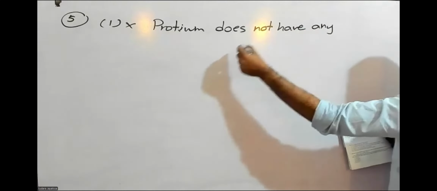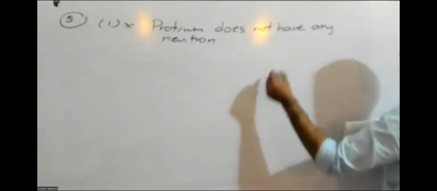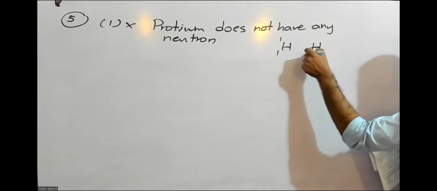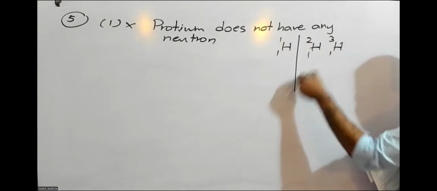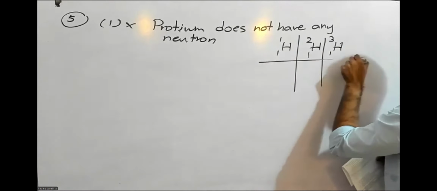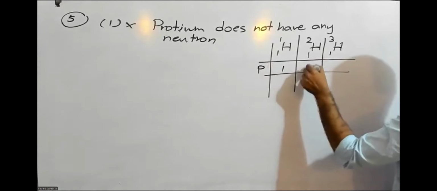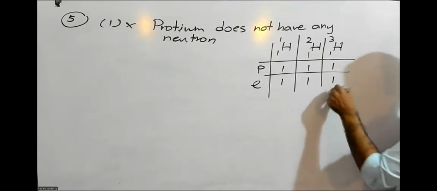Protium doesn't have any neutron. So in our question 5, the first one is wrong because protium does not have any neutron. If you take hydrogen's isotopes, H-1,1 is protium, then you have H-1,2 deuterium, H-1,3 tritium. You might remember this graph. If you take protons, there will be 1, and if you take electrons, that also will be 1.